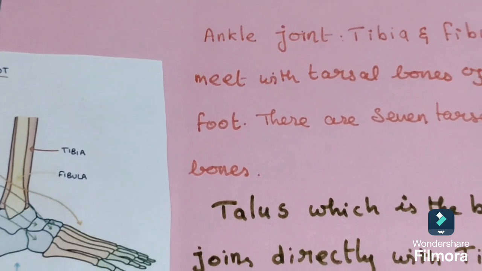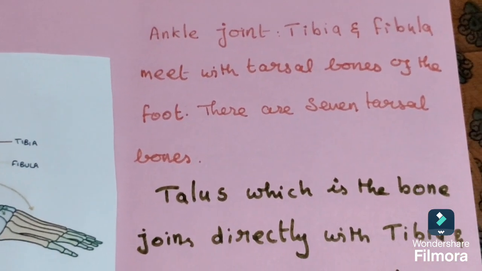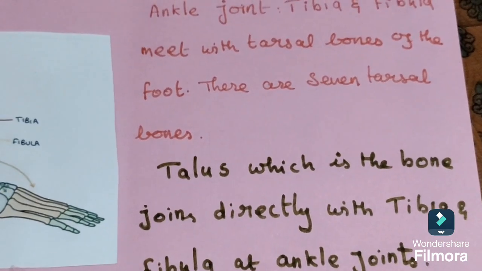To recap: at the ankle joint, the tibia and fibula meet the tarsal bones of the foot.